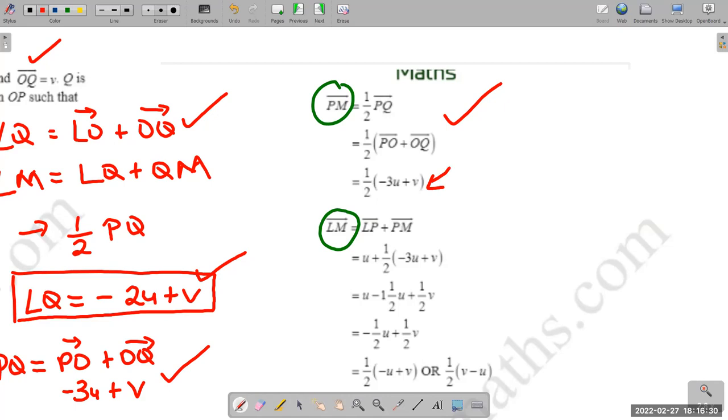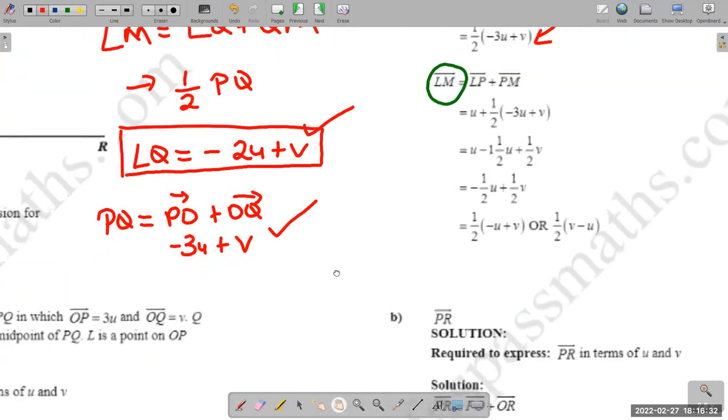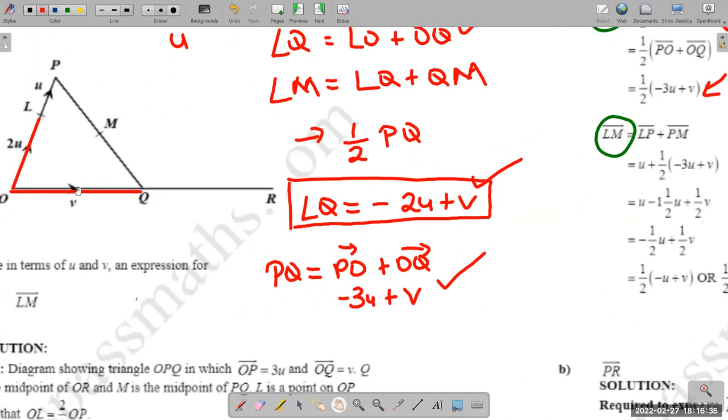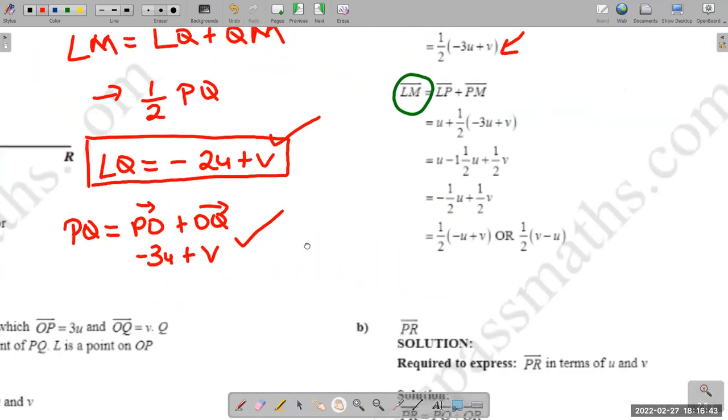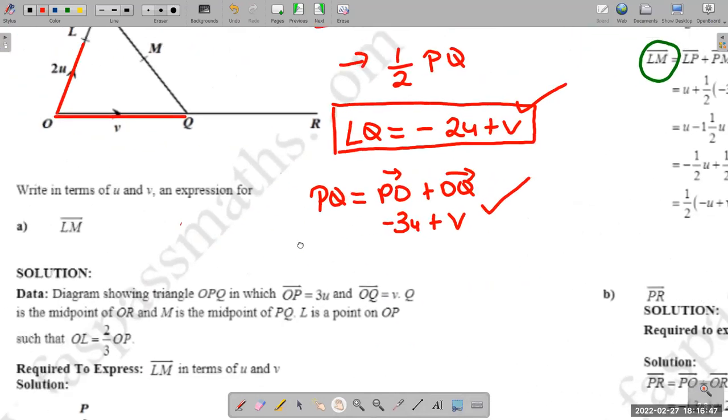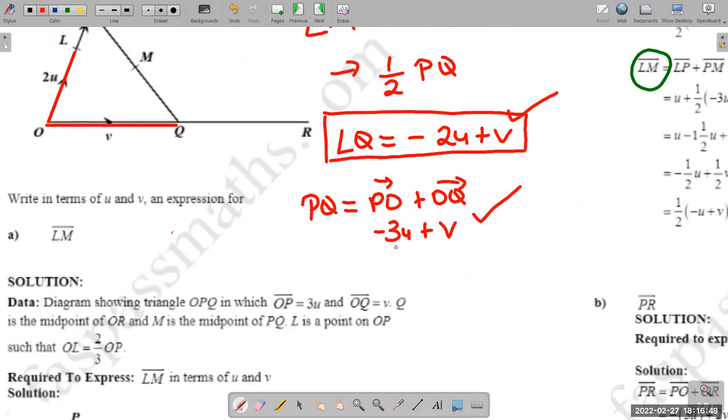So half of PQ, right? So we know PM. Oh, they went the other direction. Why did they go the other direction? But we can get back the same answer anyways. So we're going to go through the process. Let's go. We got this. We're going to find half of PQ.